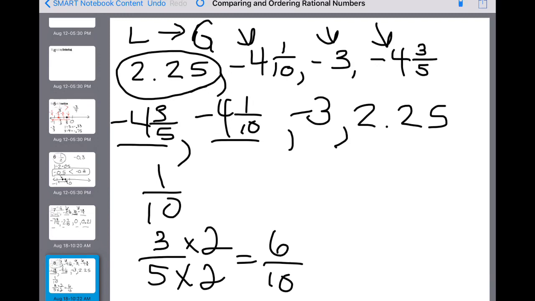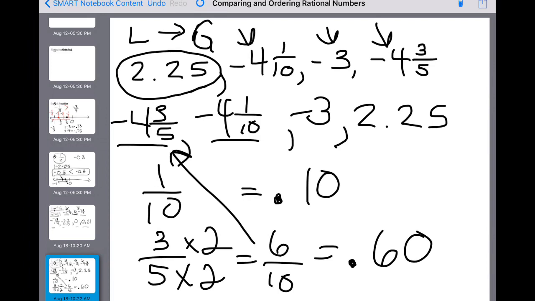Now, remember, when you change it to a decimal or an equivalent fraction or whatever strategy you're using, you cannot put 6/10 for your answer. You have to remember to go back and put it back in its original form for your final answer. Now, if you changed 1/10 and 3/5 to decimals, you may have gotten 0.1 and 0.6, and I would have added a 0 to get 10 cents and 60 cents and make that easier to compare.